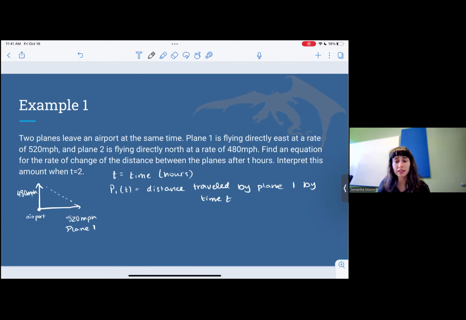So for example, at time 0, plane one has gone 0 miles. They're just now leaving the airport. So P1 of 0 would be 0. But after 1 hour, since they're flying at 520 miles per hour, P1 of 1 is going to be 520, and so forth. Okay. Plane 2 at time t, that's going to be the distance that plane 2 has traveled.